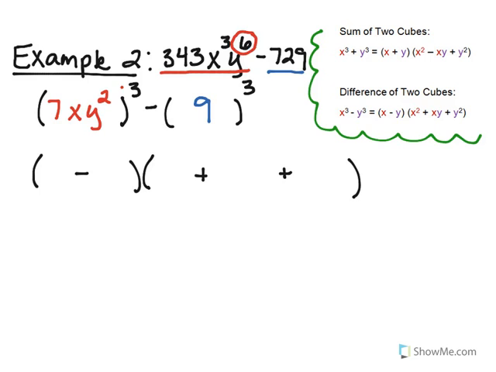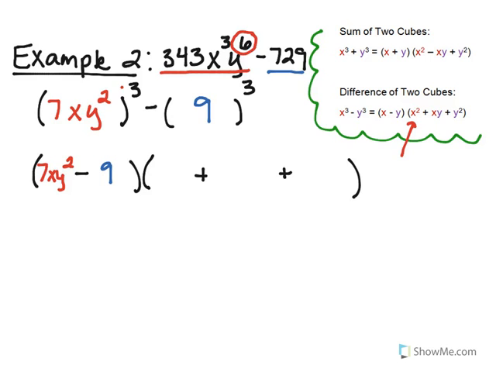Okay, so I'm going to follow this formula on the bottom, and it's going to be x minus y. So that means I have 7xy squared, and then minus 9. So those are my perfect cubes. Now for this part here, I need to do x squared.